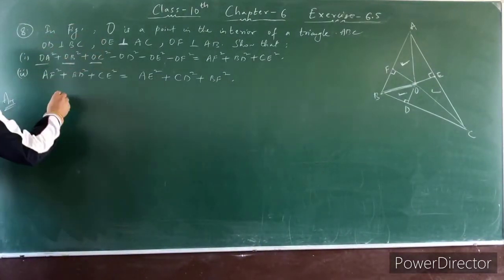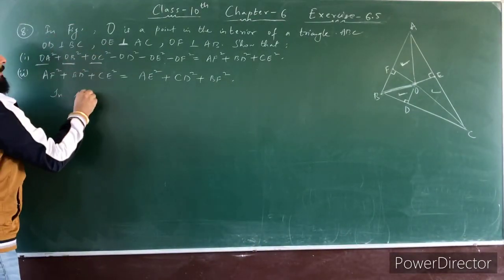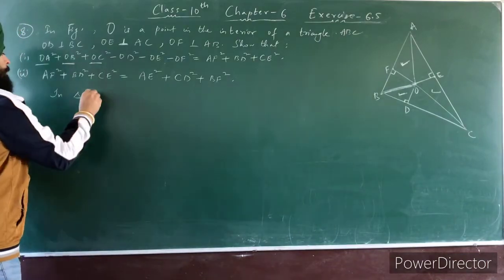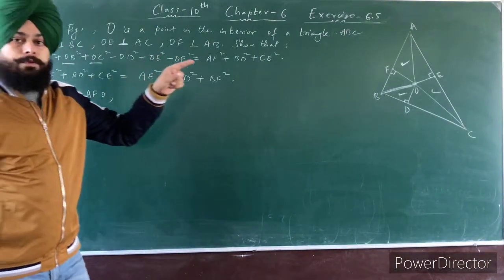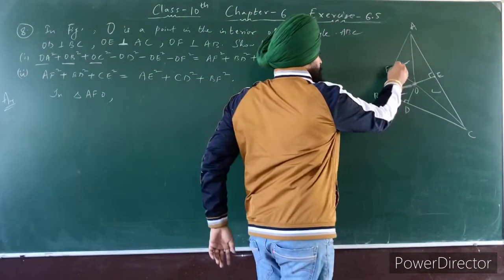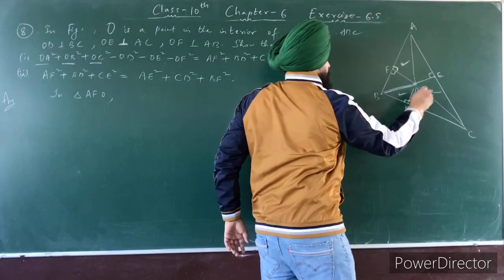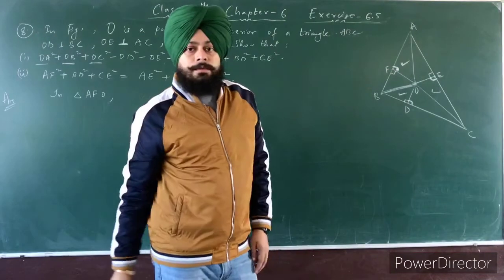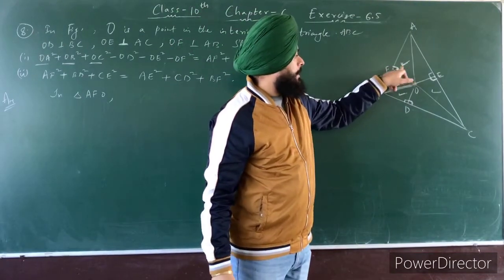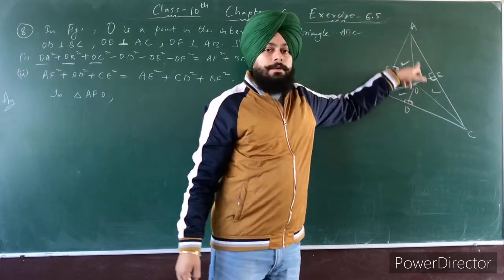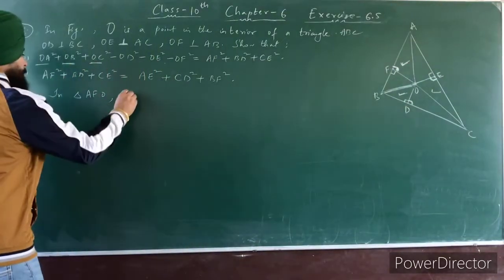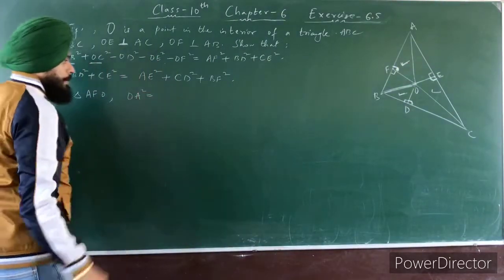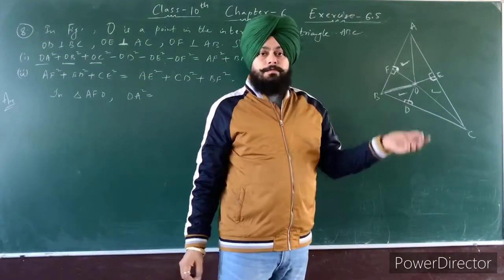So the name of the first triangle is triangle AFO. In triangle AFO, this is the right angle. Which is the hypotenuse? The hypotenuse is opposite to this right angle, which is OA. So right here OA square is equal to how much? Sum of the squares of the other 2 sides.